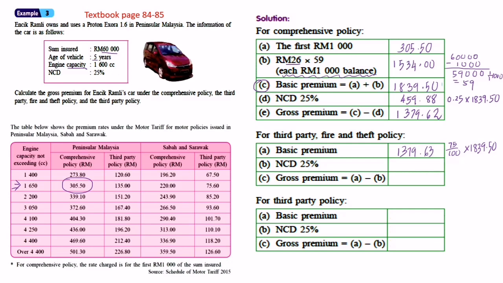NCD you need to recalculate because the NCD is based on the basic premium. So 25% of the basic premium: 25% times 1,379 ringgit 63 cents equals 344 ringgit 91 cents.